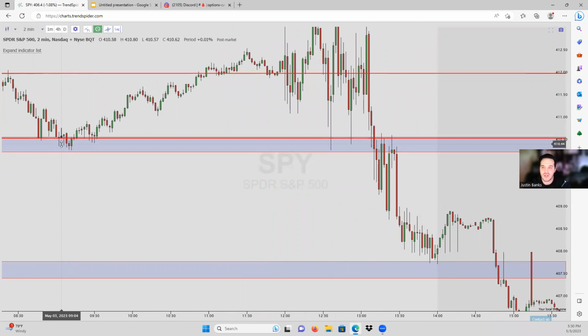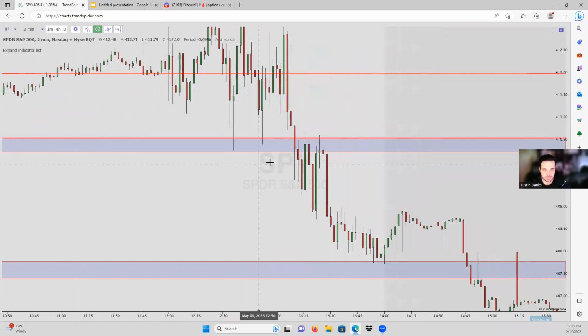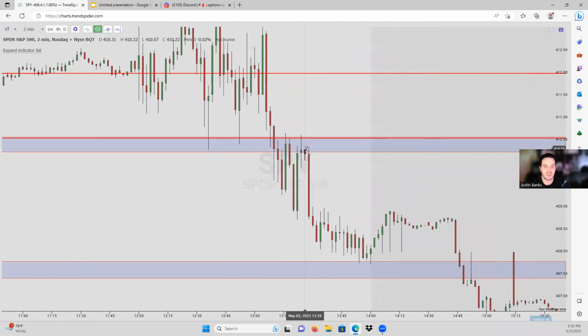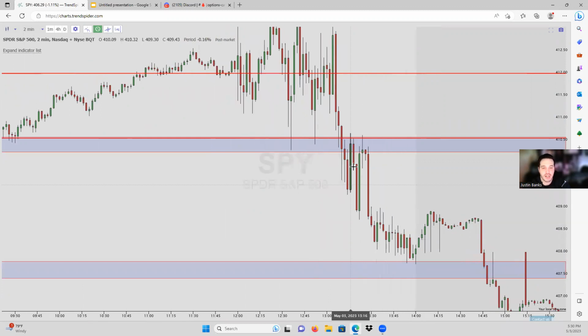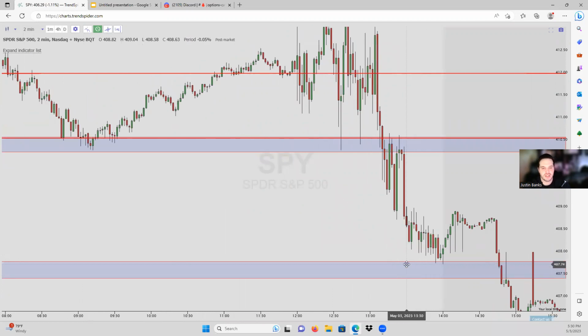Now, this demand is turning into supply and we're failing this big level. This is exactly where there is a good risk to reward to take a short position. So it came down to my demand level right here, absolutely perfectly. If we leave one zone, we're more likely going to enter another zone here, which we saw today.